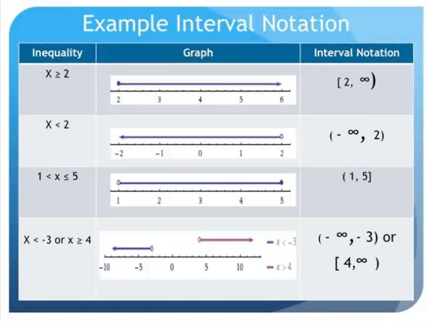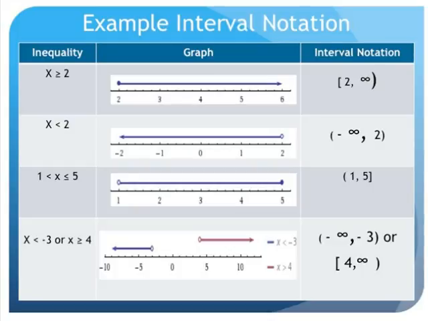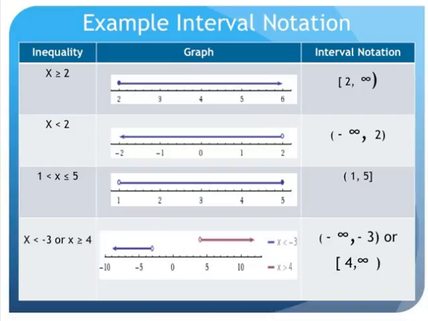There's an open circle on negative 3 that goes into the negative infinity direction, and there's a closed circle on 4 which goes into the positive direction. Therefore, this is how it is written in interval notation: parentheses negative infinity to negative 3, or bracket 4 to positive infinity, for both parts of this graph.